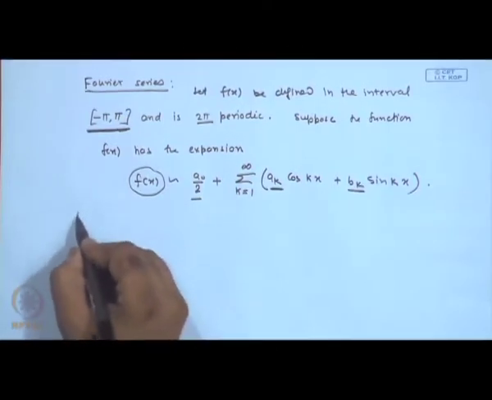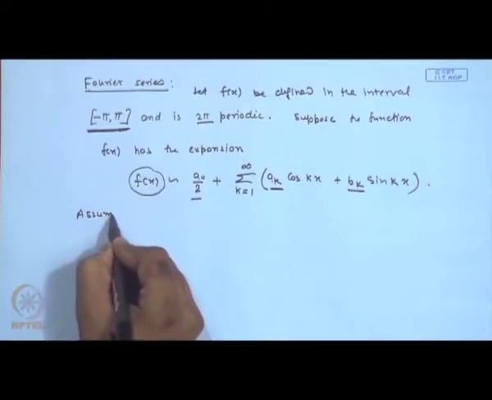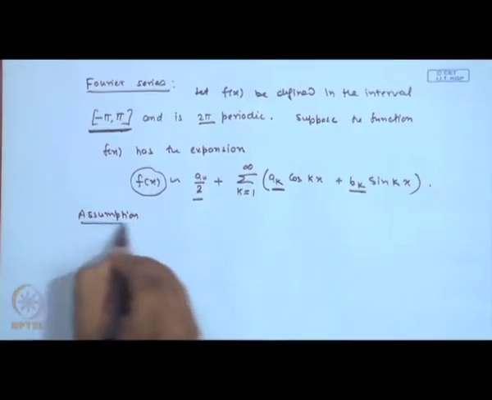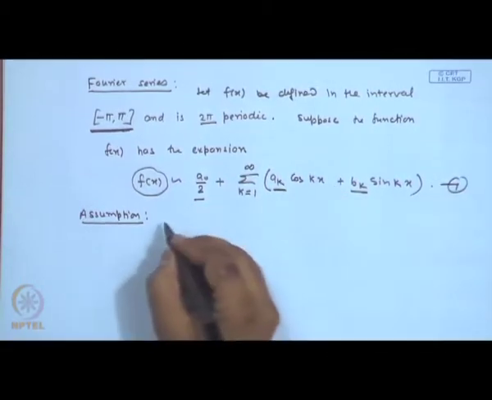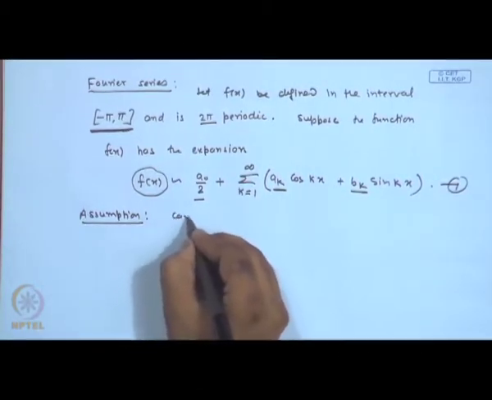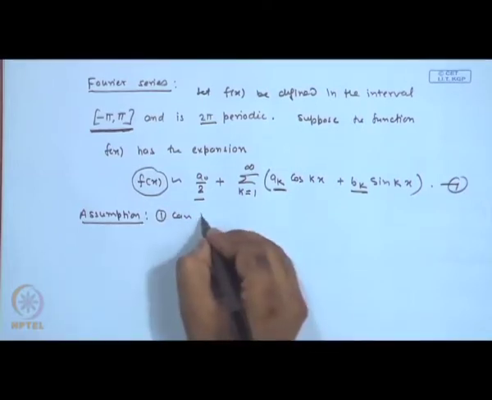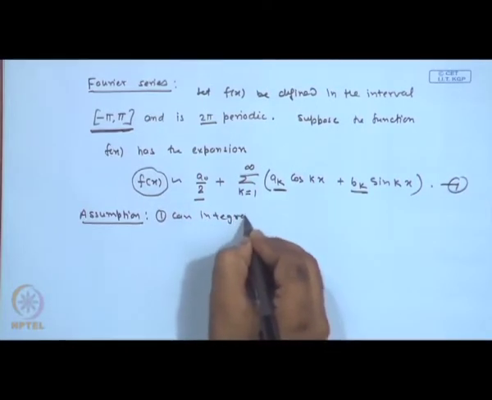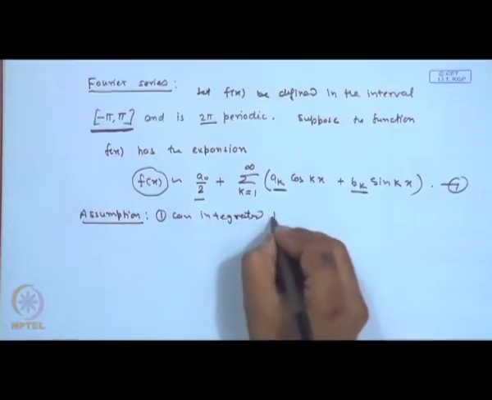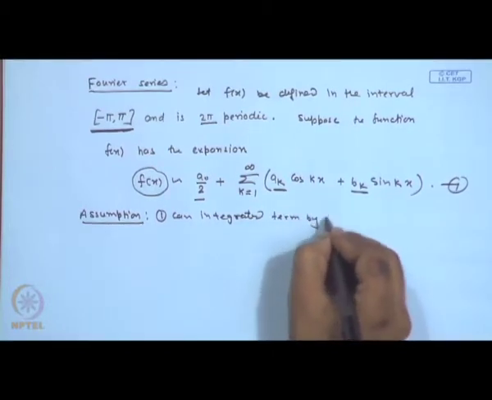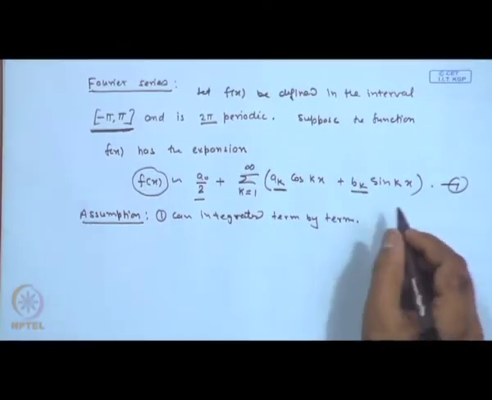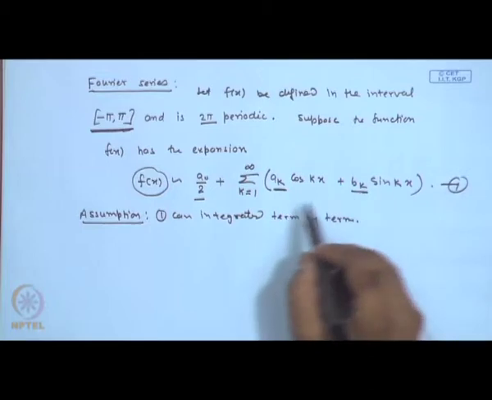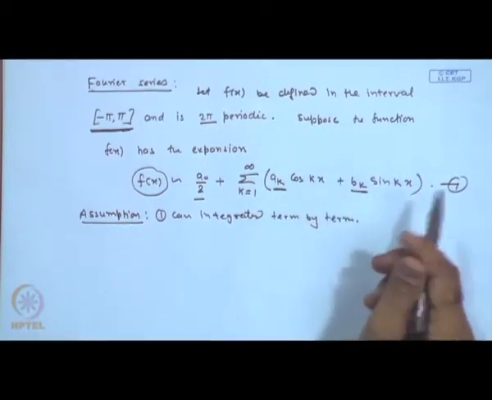For this we have taken one assumption, that the series here can be integrated term by term. That is, we have assumed that for the series the integral of the sum is equal to the sum of the integrals.